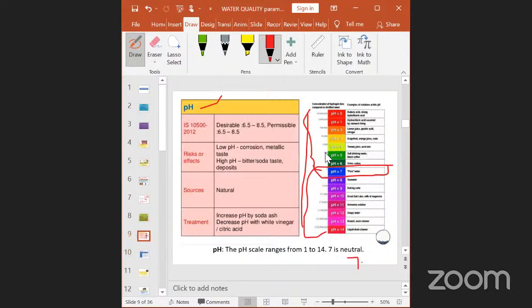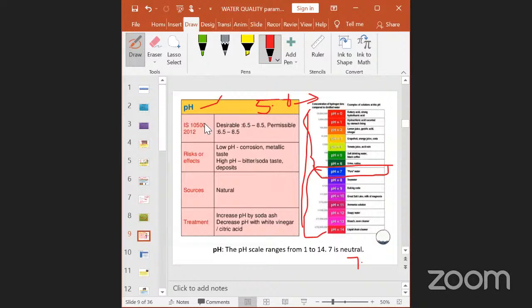Normal rainfall has a pH of approximately 5.6, slightly acidic, due to atmospheric carbon dioxide gas, right? So this is the pH.